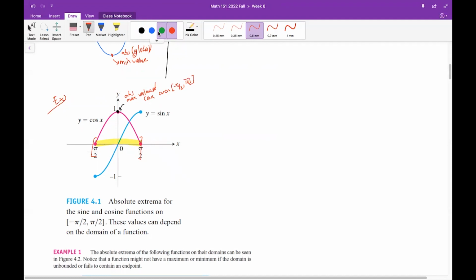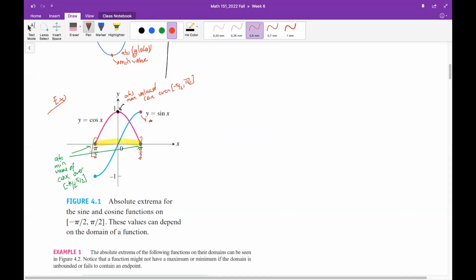And similarly, the absolute minimum values are these values, which is the value 0. So these 2 points give us what? The absolute minimum value of cosine x over the given interval minus pi over 2 to pi over 2. Now we can do the same type of analysis over this graph, which is sine x, and obviously this is the highest value.